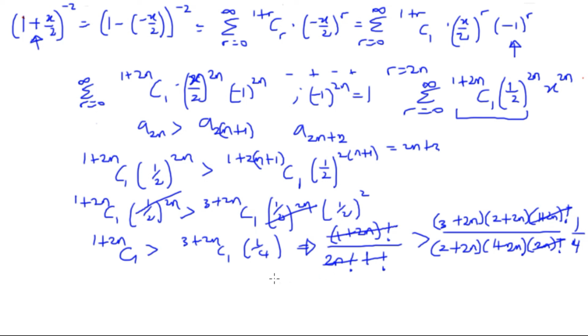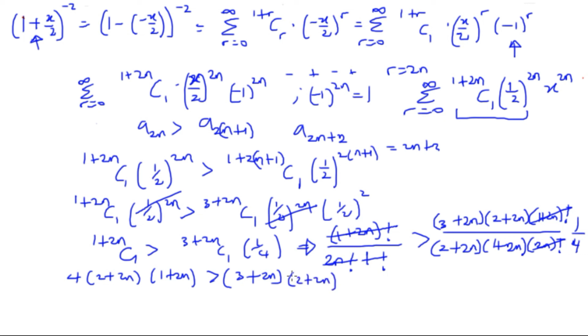So if I cross multiply, I should have 4 into 2 plus 2n, then 1 plus 2n, which is strictly greater than 3 plus 2n, and then I have 2 plus 2n.